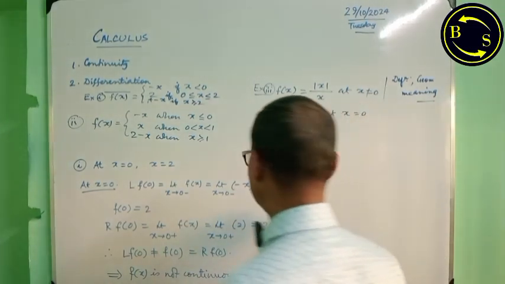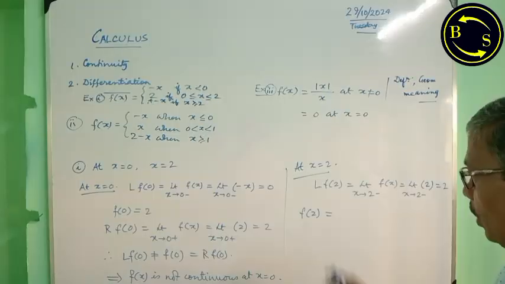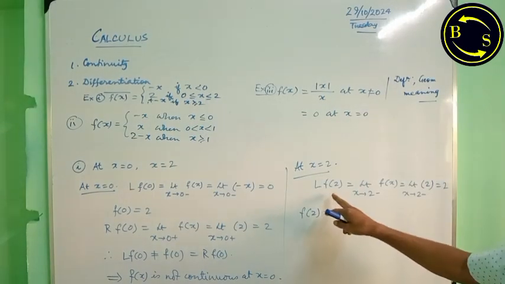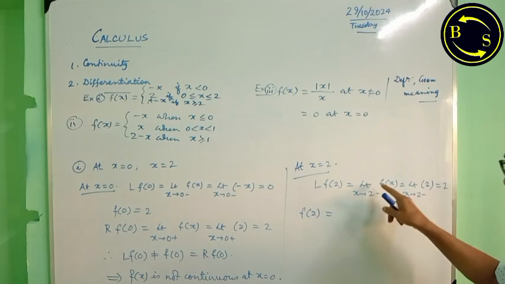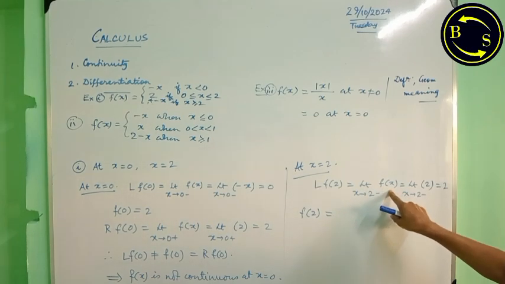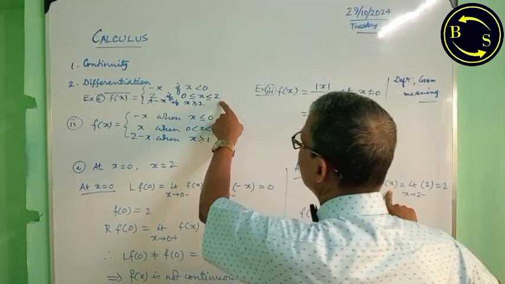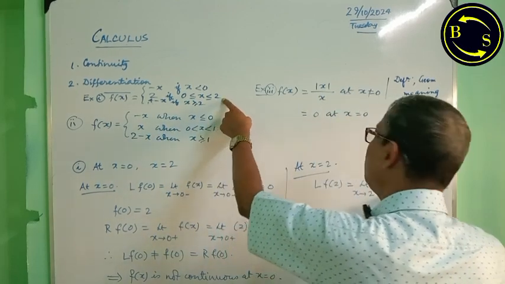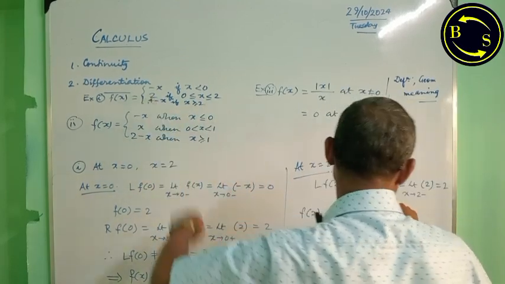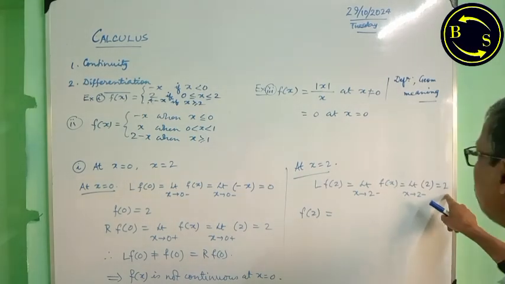And now at x equal to 2, we calculate left hand limit, and we find that limit x tends to 2 minus f(x), that means we have to consider this interval. The value is 2, therefore limiting value is 2.